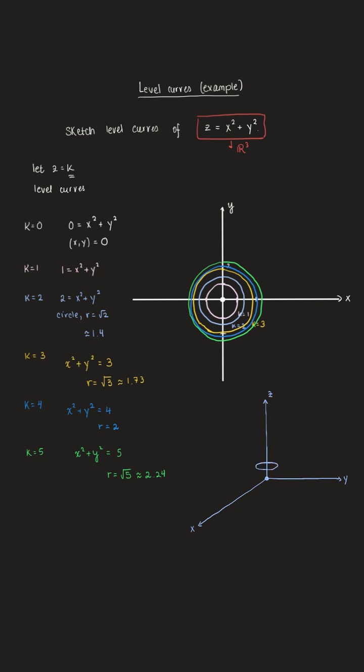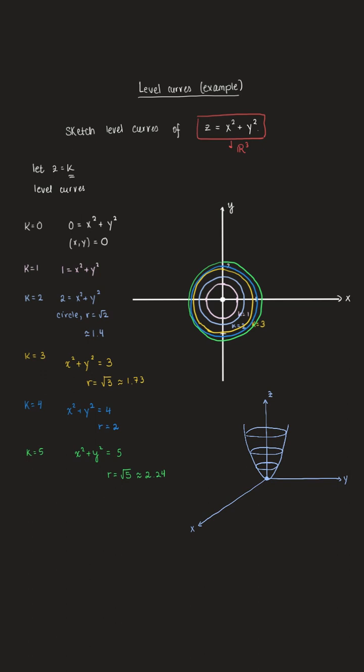So they're actually traces at various levels along our surface. And these are circular traces, and so that's going to give us our circular or elliptical paraboloid. And of course I could continue drawing level curves as long as we want, but that kind of gives us a picture of what's going on.